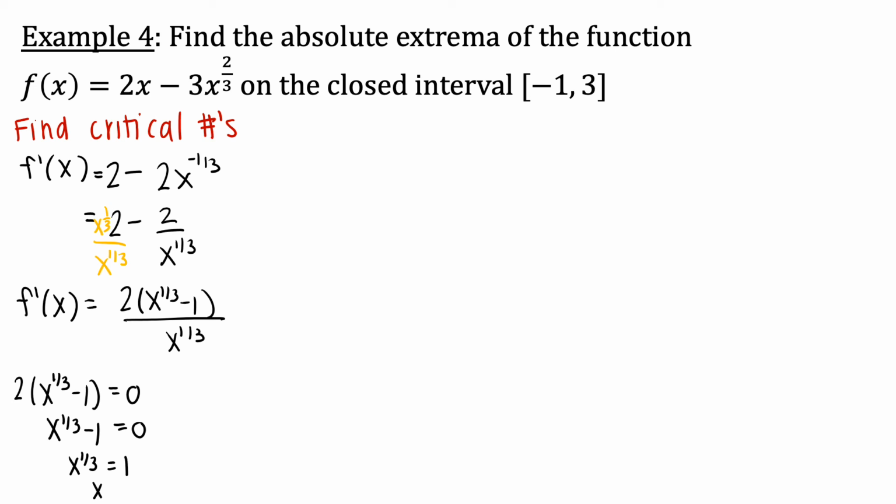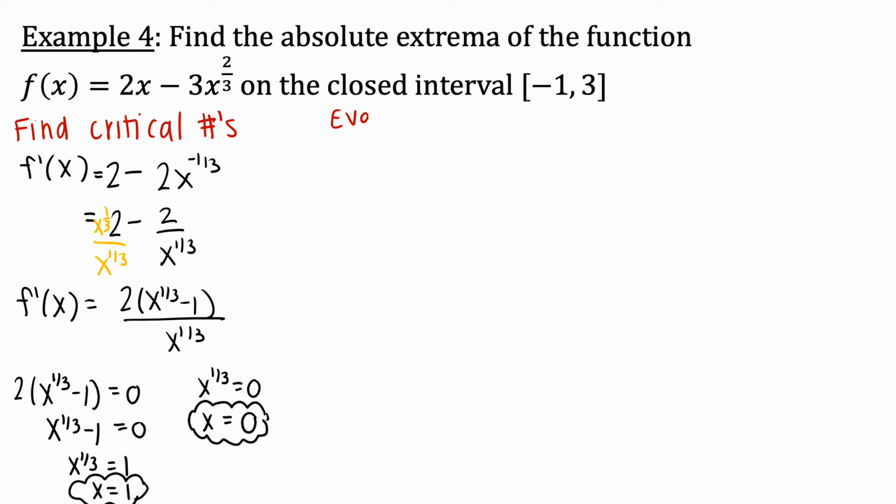Cubing both sides, we get x equals 1. And then also setting this denominator equal to 0, x to the 1/3 equals 0, cubing both sides, we get x equals 0 cubed, which is just 0. So two critical numbers, don't forget to set that denominator equal to 0 as well.